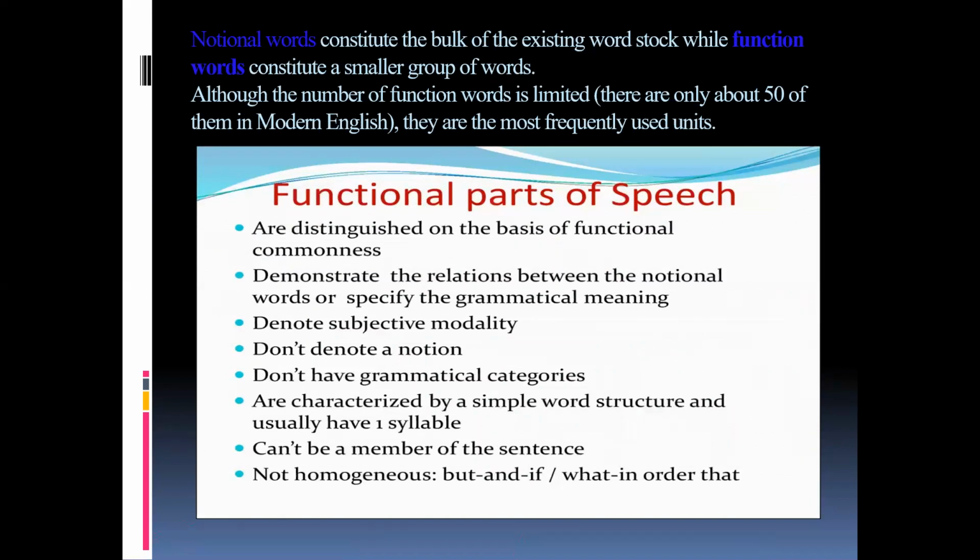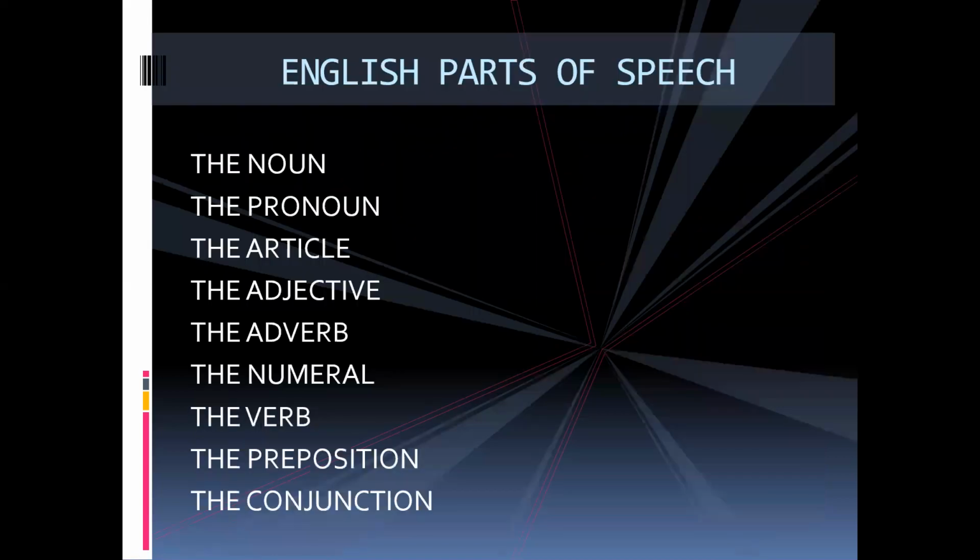Functional parts of speech are distinguished on the basis of functional commonness, demonstrate the relations between notional words or specify the grammatical meaning, denote subjective modality, do not denote a notion, and do not have grammatical categories. They are characterized by a simple word structure, usually have one syllable, and cannot be a member of the sentence. They are not homogeneous: but, and, if, or, what, in order that.